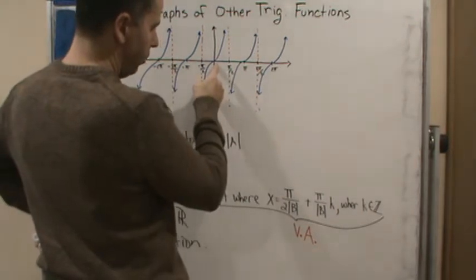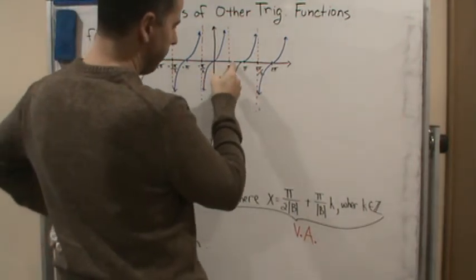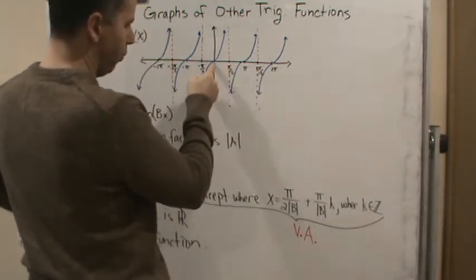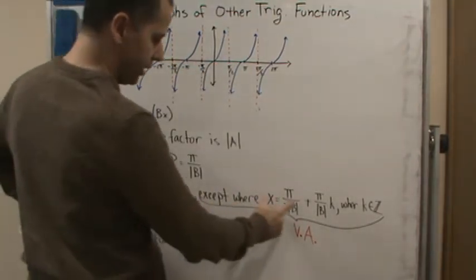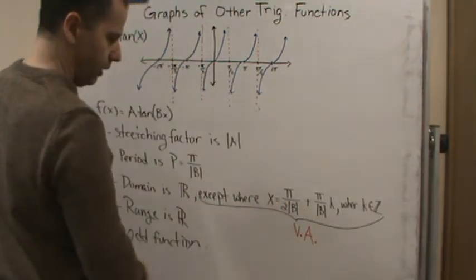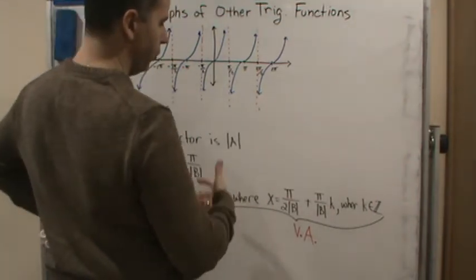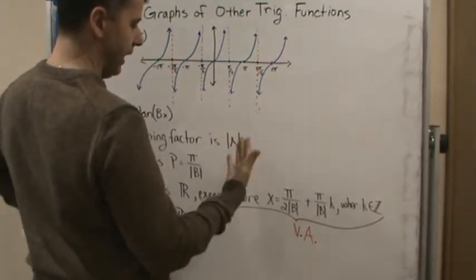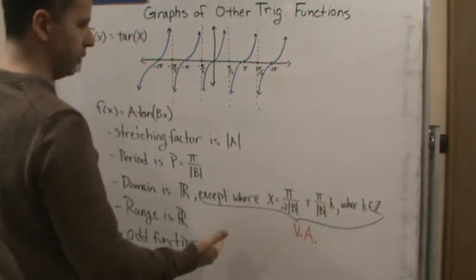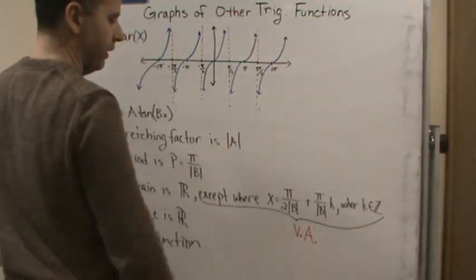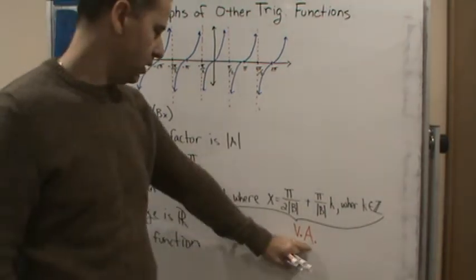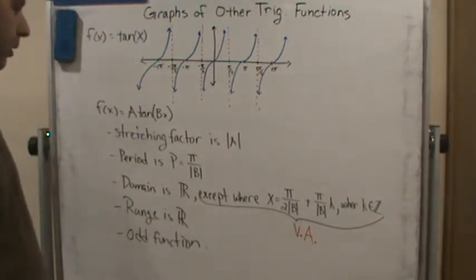So if we go 1/2 the period to the left or 1/2 the period to the right, then we're going to have a value of x that is not going to be in the domain, and as you can see, that's where the vertical asymptotes occur, okay?